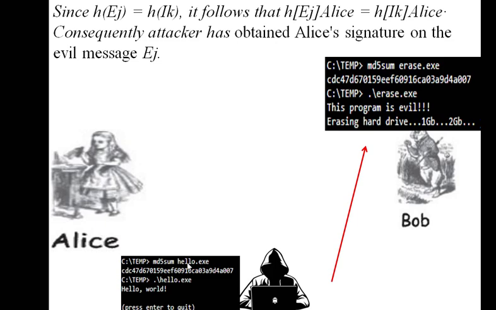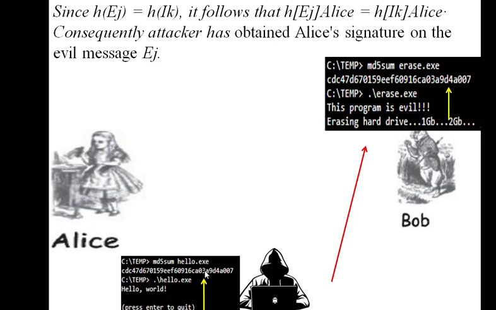The attacker won't send the original message. He keeps it himself, but sends this other message to Bob. But whose authority is it? The authority is given by Alice.